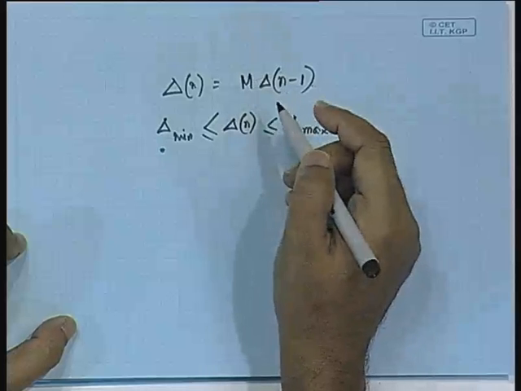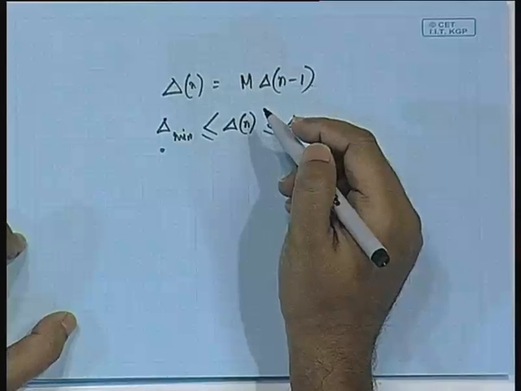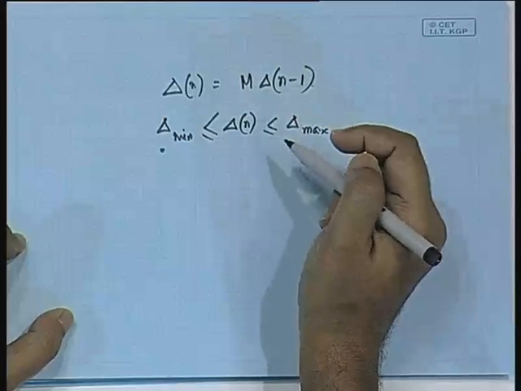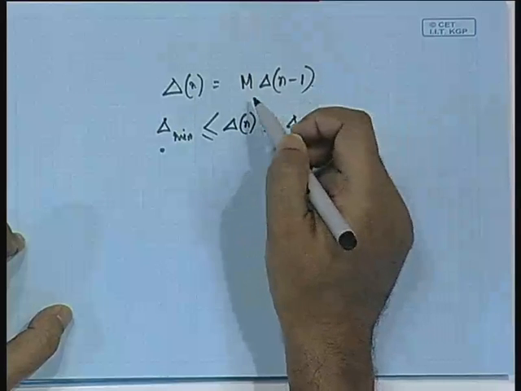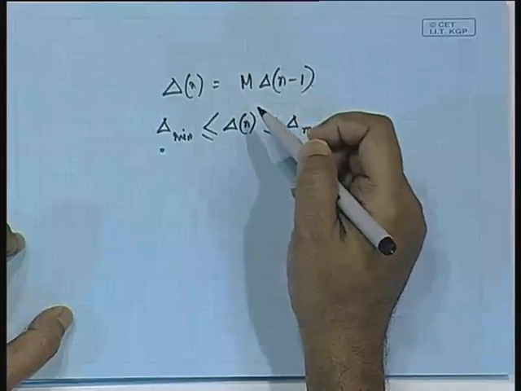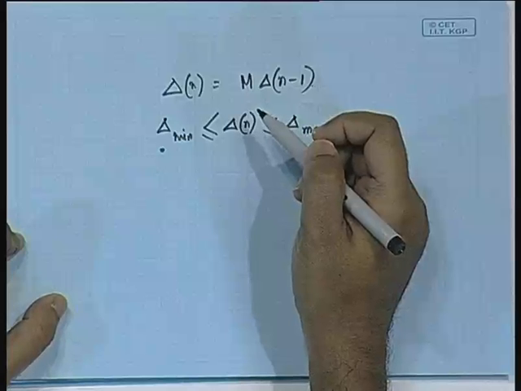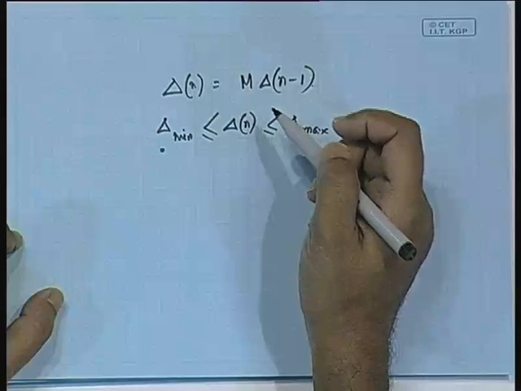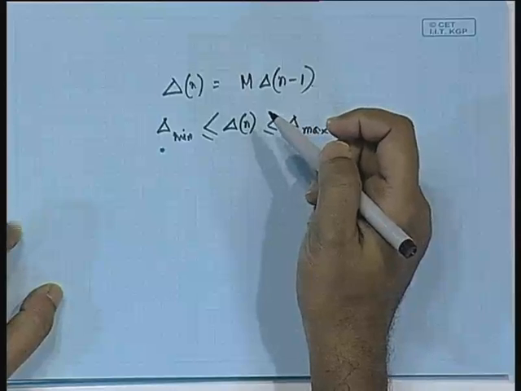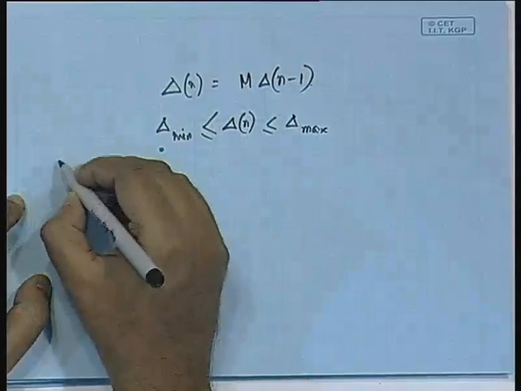So, what is m? M is nothing but a multiplying factor for the step size. Whatever the previous step size was, that should be multiplied by m. Sometimes we should multiply it by m greater than 1, and sometimes by m less than 1.